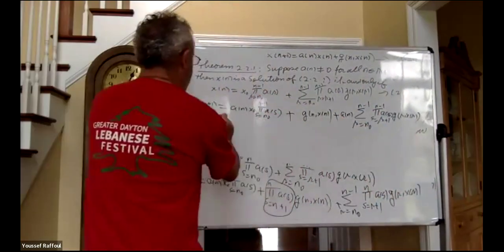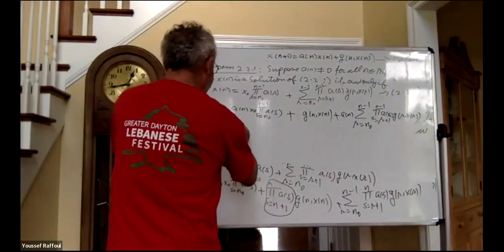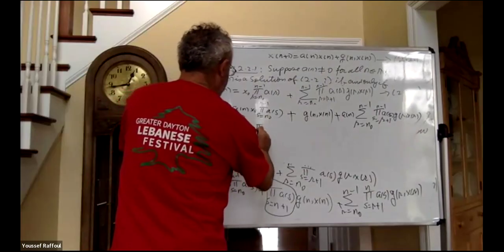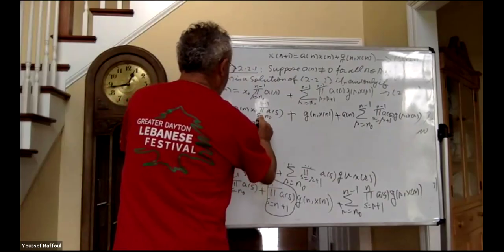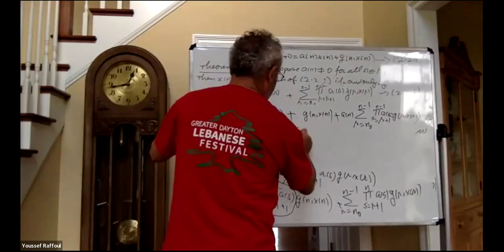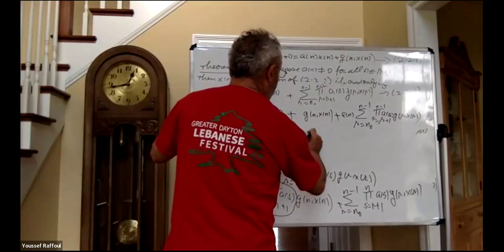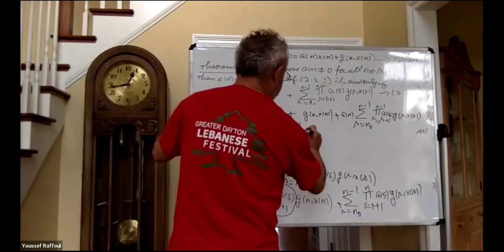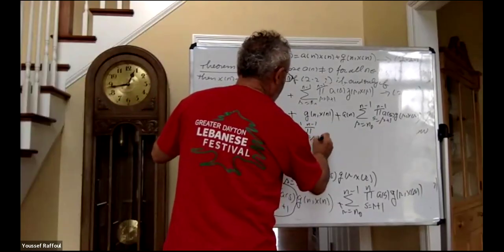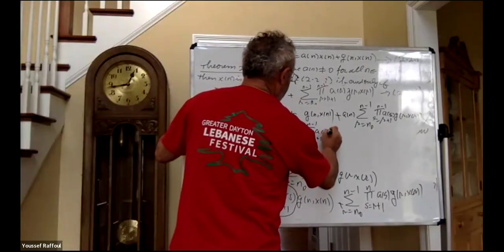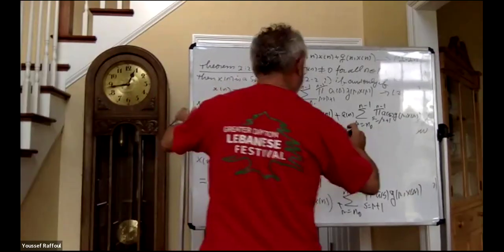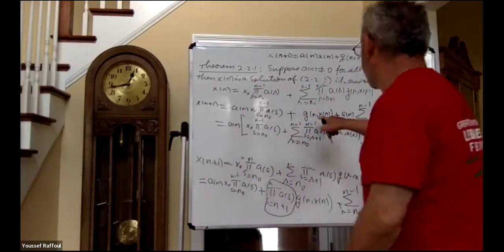Okay, so now this is an x naught, the product of s equal n naught to n minus 1 as a plus r equal n0 to n minus 1, the product n minus 1 to s equal r plus 1 as g of r x of r, a plus this one.